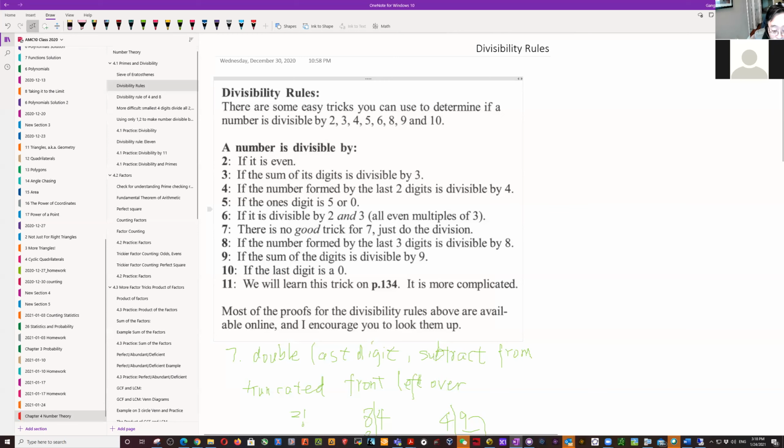Divisible by 6 if it's divisible by 2 and 3. And 7 has no good trick. 8 is the last 3 digits divisible by 8. 9 is the digit sum divisible by 9. 10 is the last digit is 0, and for 11, basically the digit sums of the even positions and the odd positions, their difference is going to be a multiple of 11.